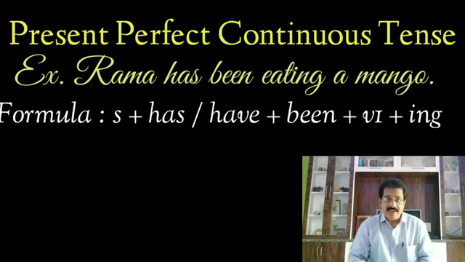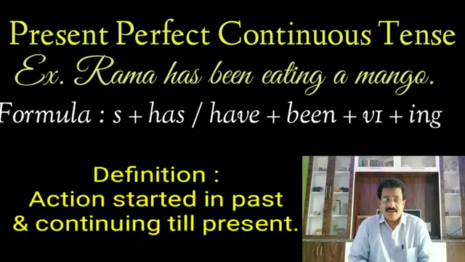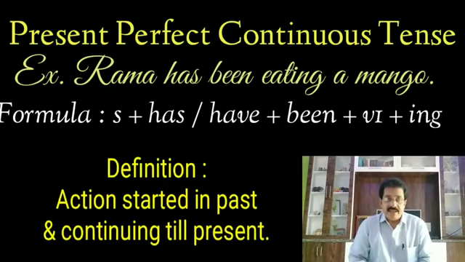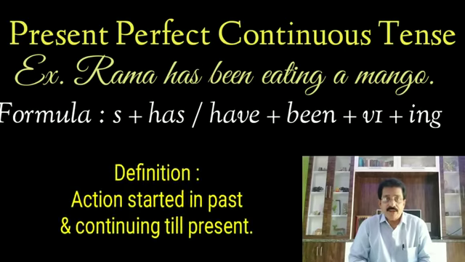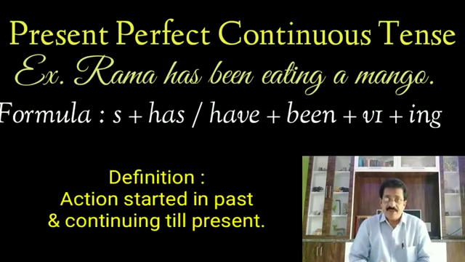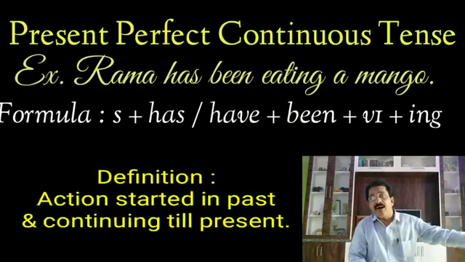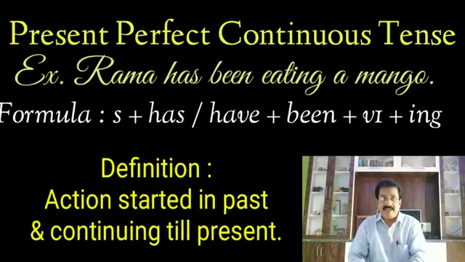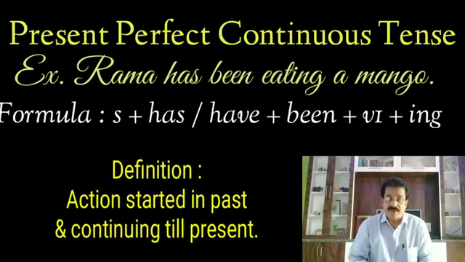Now, what is the usage of present perfect continuous? So when do we use it? Very simple. Present perfect continuous is used to show an action that began sometime in the past and continued, and it is continuing till the present moment.